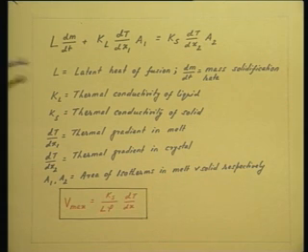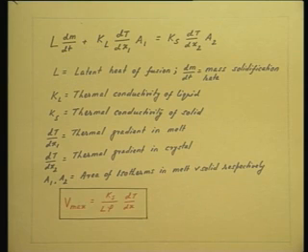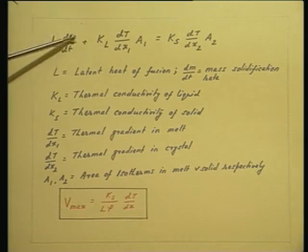I have written down an equation there, L dm/dt plus K_L dT/dx1 A1 is equal to K_s dT/dx2 A2, where L is the latent heat of solidification, latent heat of fusion or latent heat of solidification. dm/dt is the mass solidification rate.